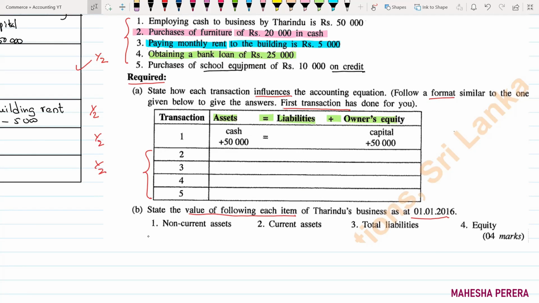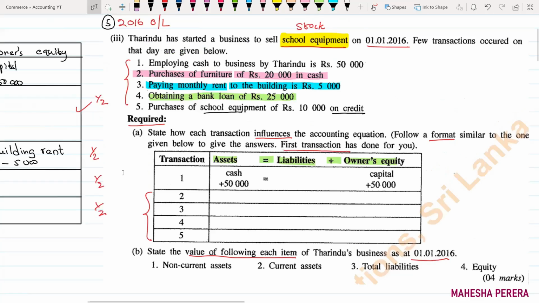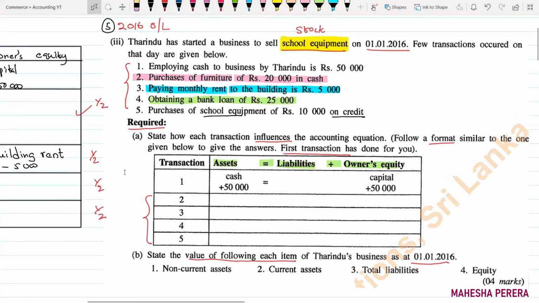Now, all these transactions have happened on 1st of January 2016. And on this day only, he has started his business. So we are supposed to find the values of non-current assets, current assets, and total liabilities and equity of this business as at 1st of January 2016.